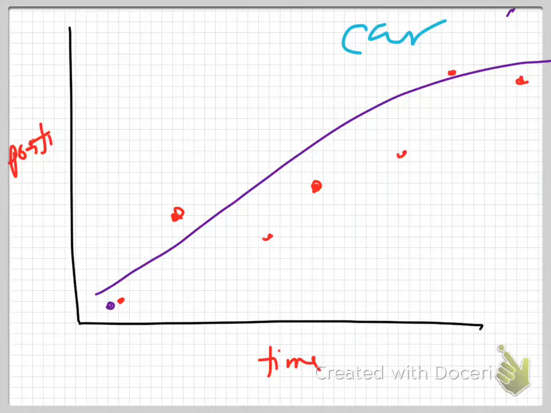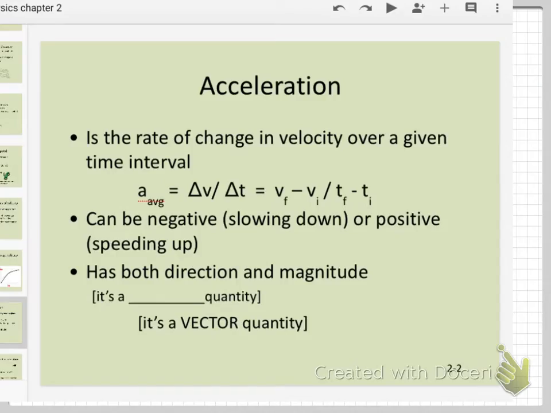Okay. So, with that, let's talk about one more thing. When it's not moving at constant velocity, when it's changing its velocity, it's accelerating. And you already know that as a vocabulary word. So it's the change in velocity over a time interval.